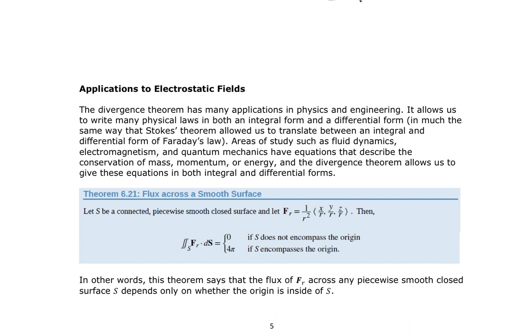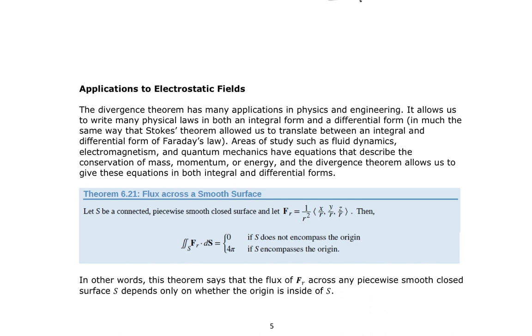We have real applications, application to electrostatic fields. It's sometimes easier to think about what we're doing as flow of water, but this could also be the flow of electrons. So let S be a connected piecewise smooth surface, where F of r is equal to 1 over r squared, x over r, y over r, and z over r.